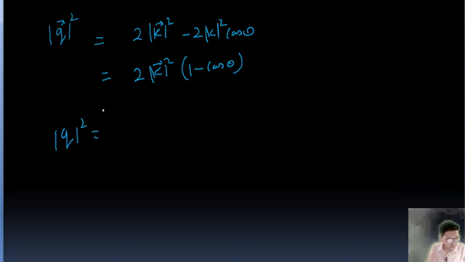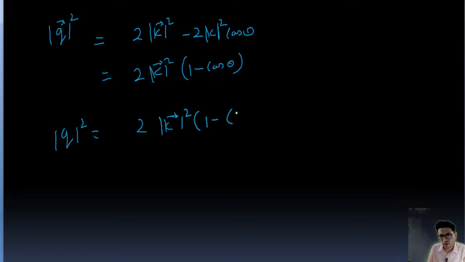So mod square of q is going to be 2 mod square of k into 2 sine square theta by 2. Thus this value is 4 mod square of k sine square theta by 2.